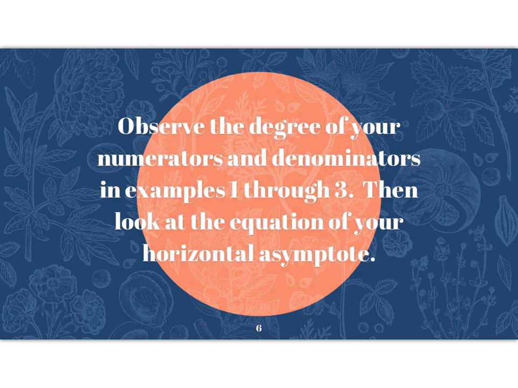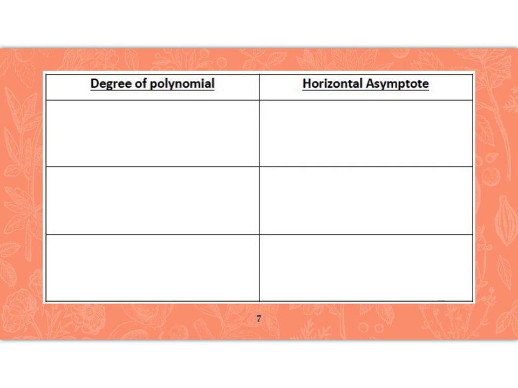It says, look at the degrees. Look at the degree of your numerator and your denominator, and what you then got for your horizontal asymptote. Okay, so take a look. So, degree of our polynomial. So, here's what we know.